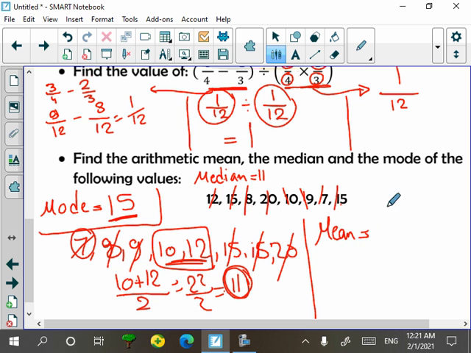To find the mean, we will find the sum of numbers divided by the count of numbers, using the calculator.